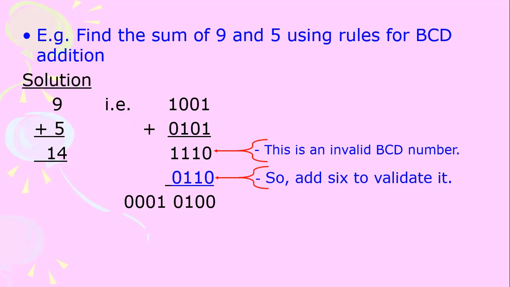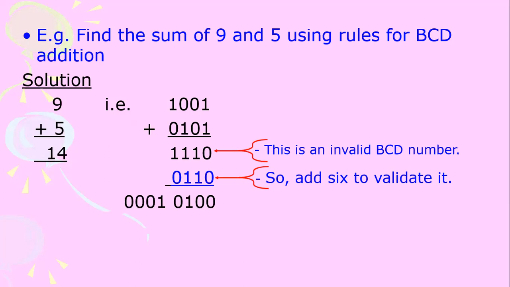So the result we get after addition is supposed to reflect each of the digits separately.